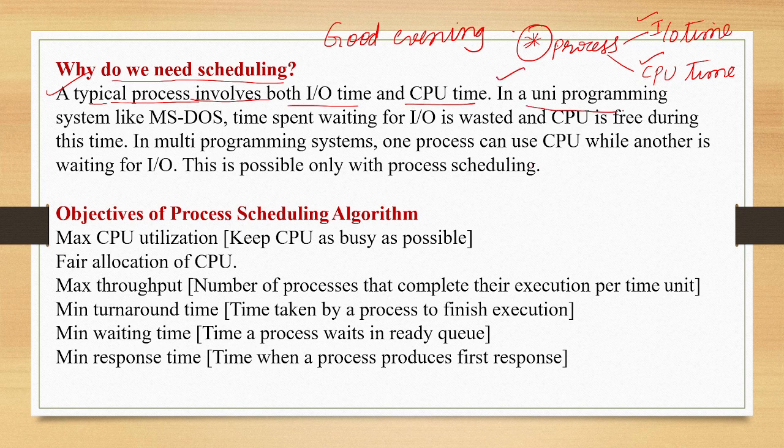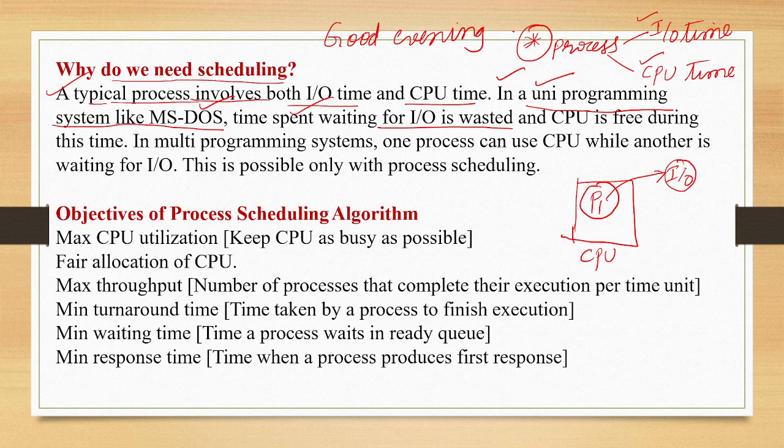Actually, in a uniprogramming system like MS-DOS, MS-DOS is a uniprogramming system. What is the meaning of uniprogramming? Suppose the time spent waiting for IO is wasted. Here, suppose process P1 is currently executing on the CPU. This process P1 needs some IO, input or output.